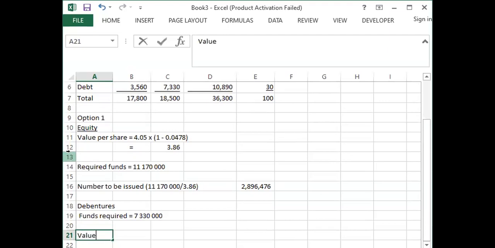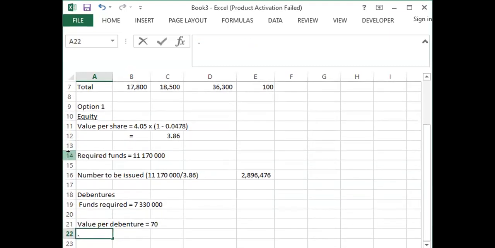So these debentures, we deal with them individually, right? They are issued much like shares. So we say these are 70 rand. That's the market value of those debentures. So number of debentures to be issued.